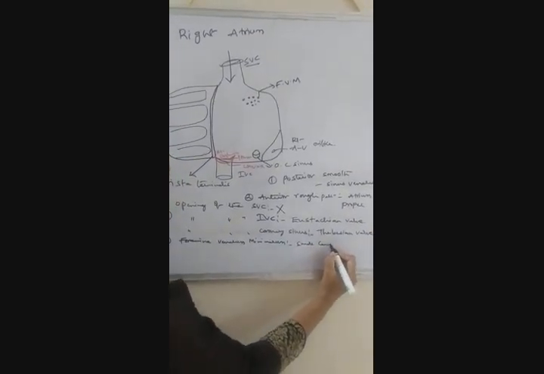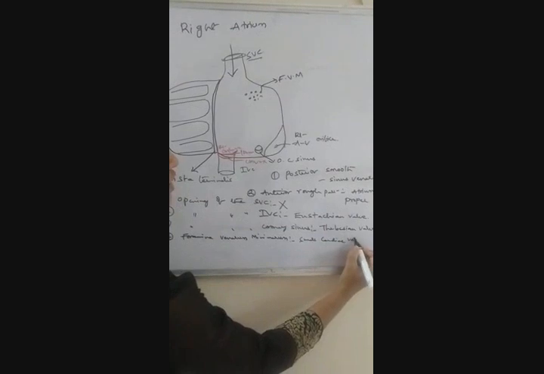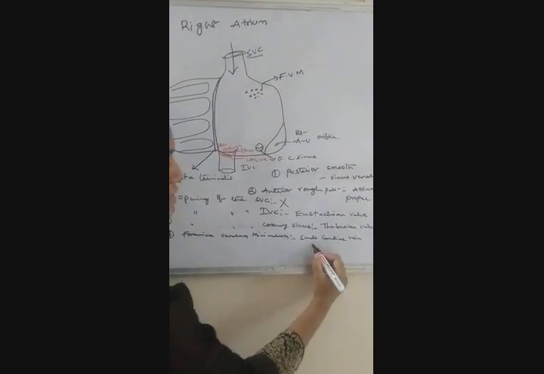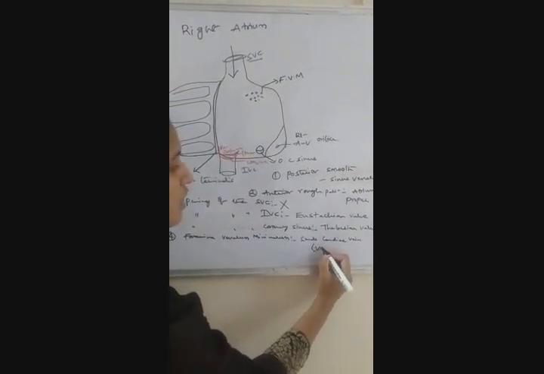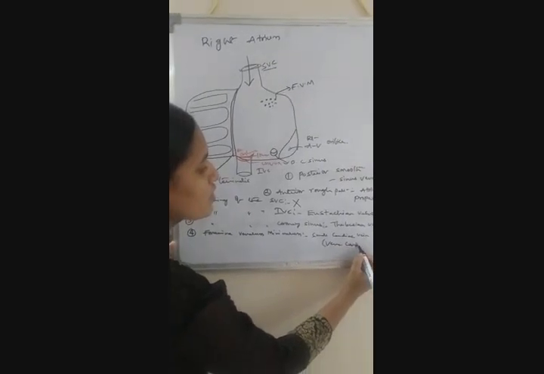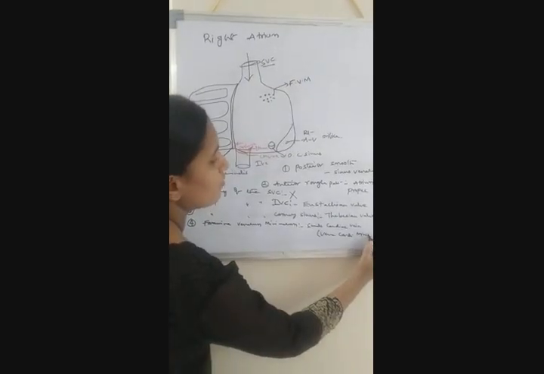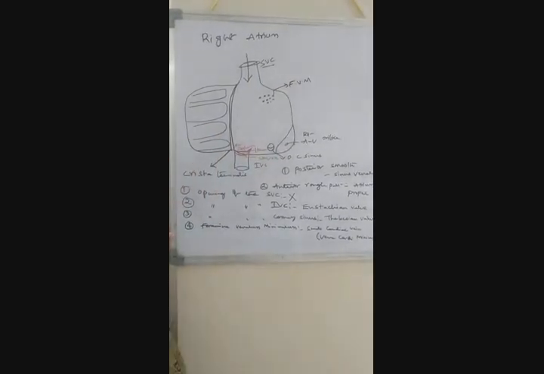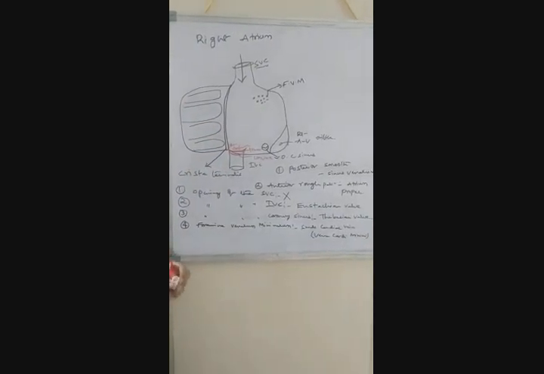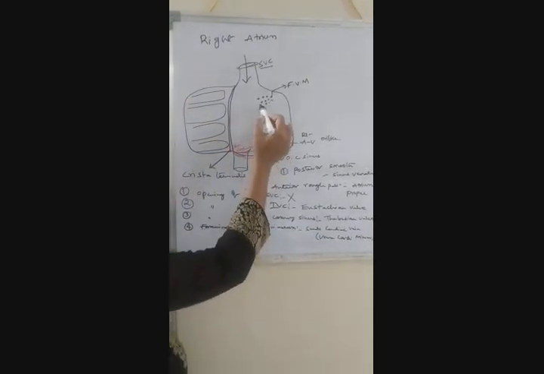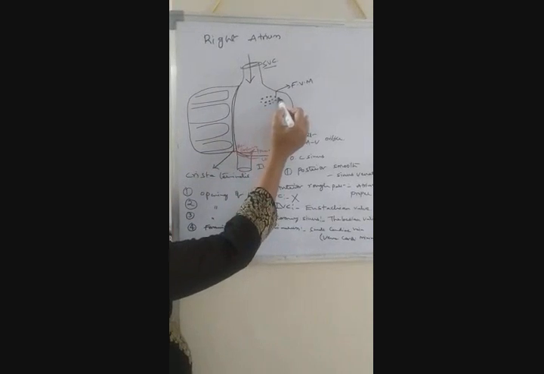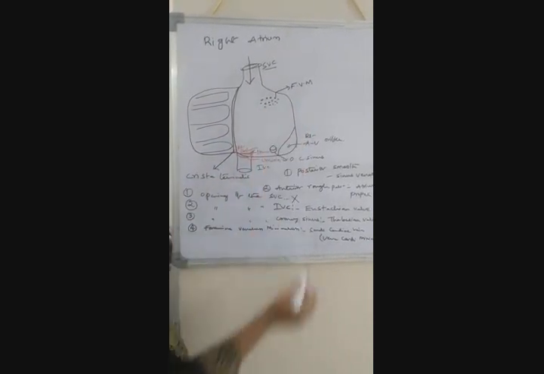These small cardiac veins are also called venae cordis minimae. So all are present along the posterior smooth part, the sinus venarum.